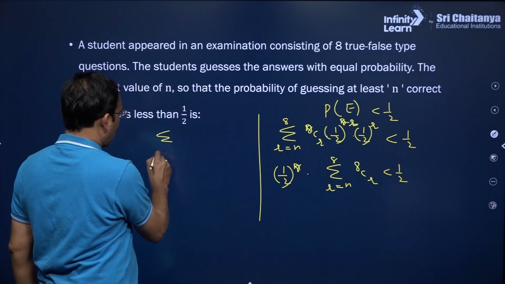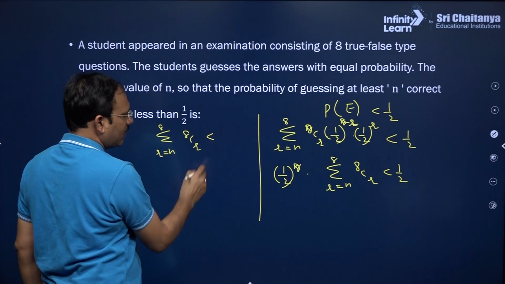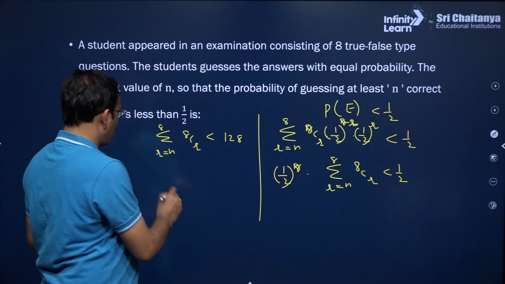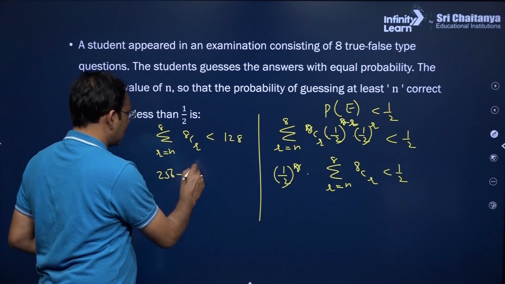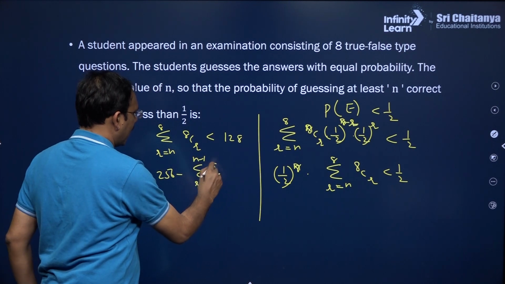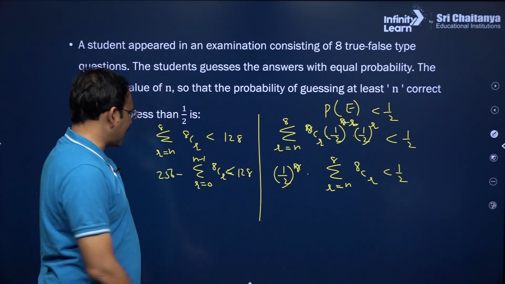This is sigma r is equal to n to 8, 8Cr must be less than 128. See my dear friends, 2 power 8 is 256 minus sigma r is equal to 0 to n minus 1, 8Cr is less than 128. You just check, my dear friends.